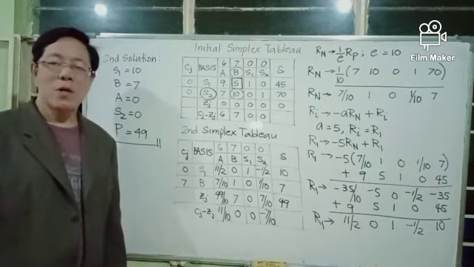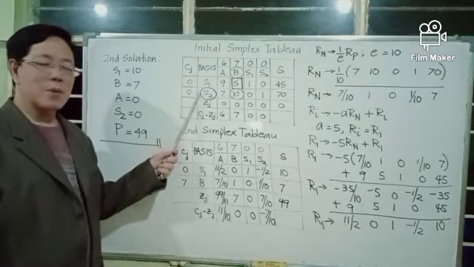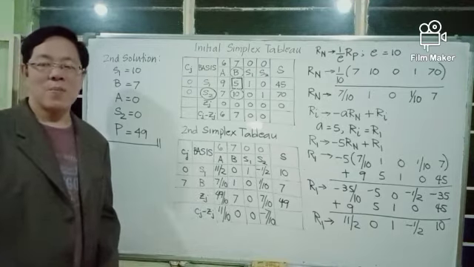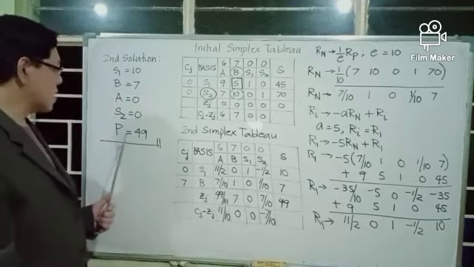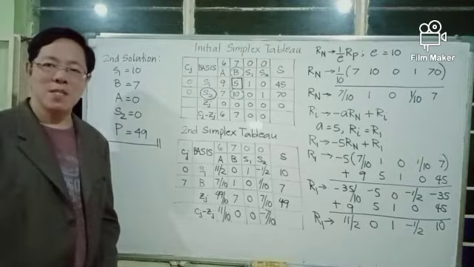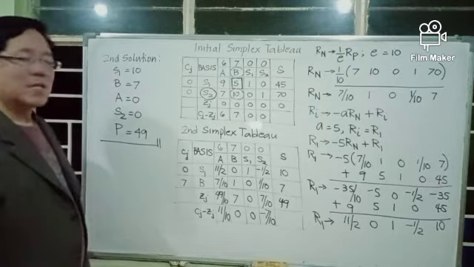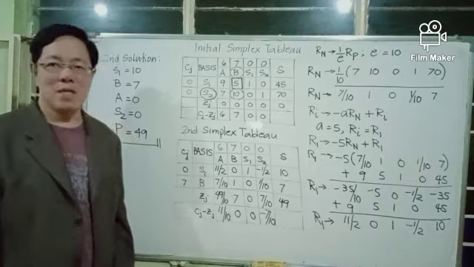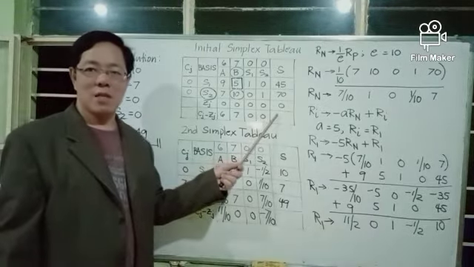You should notice that as you go from the initial simplex tableau to the second simplex tableau to the next simplex tableau, if there is a next simplex tableau, the value of the objective function should be increasing. It should continuously increase until you reach the maximum value of the objective function. Initially, the value of our objective function is 0.